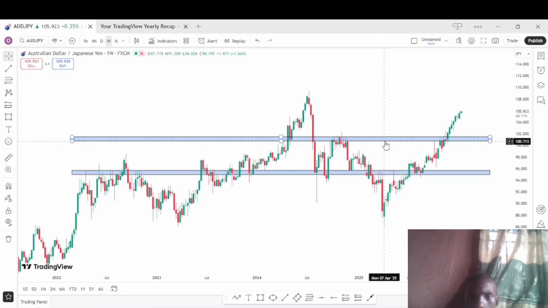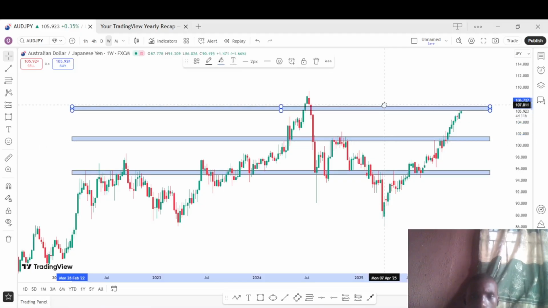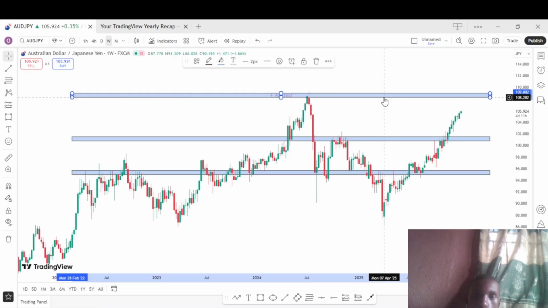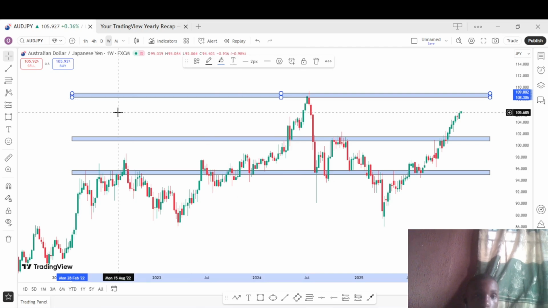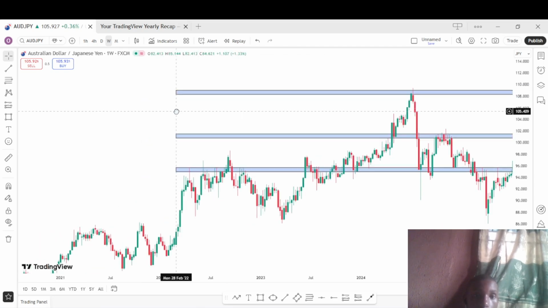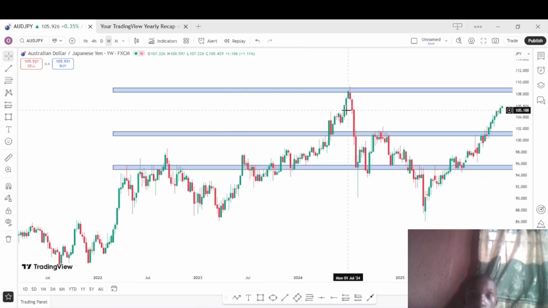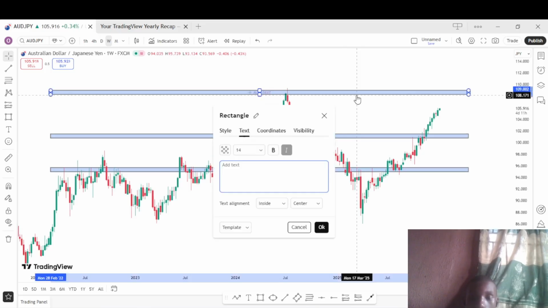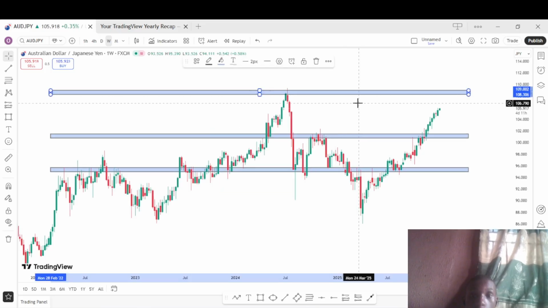Okay, let me plot it here. Though there is no historic or prehistoric history of this, for the fact that the market came here and stopped, that tells us that something is special about that level.